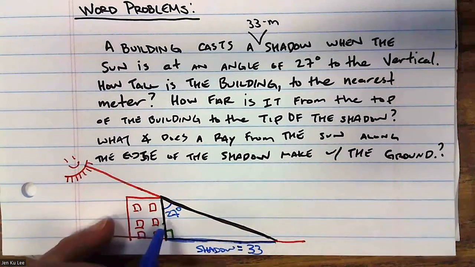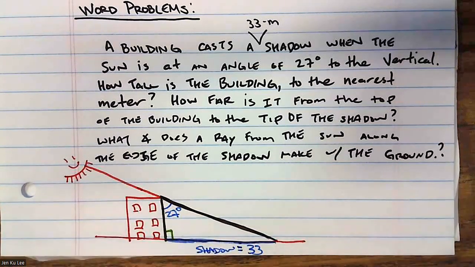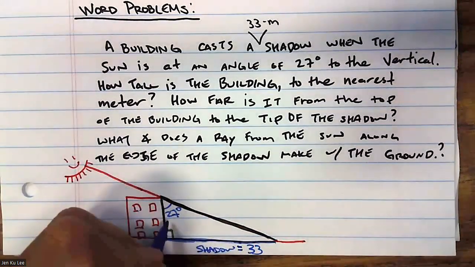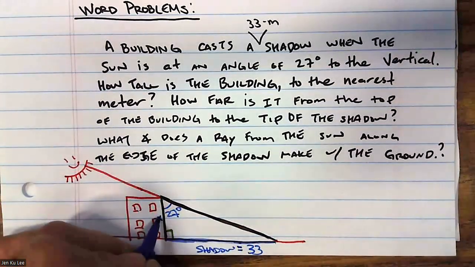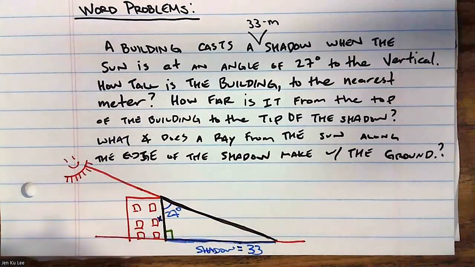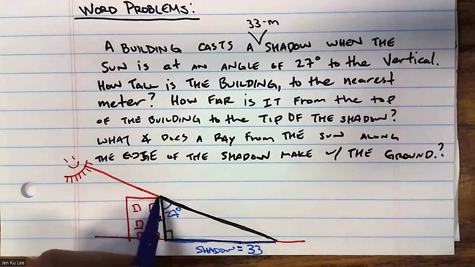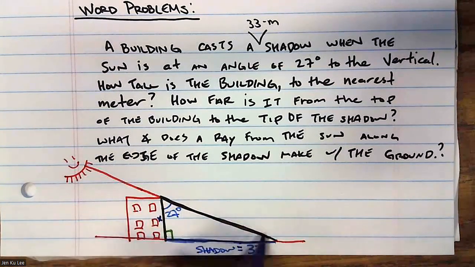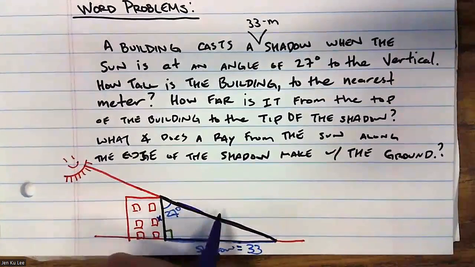How tall is the building? So I'm going to label out what we have to get. How tall is the building to the nearest meter? How far is it from the top of the building to the tip of the shadow? Right here.